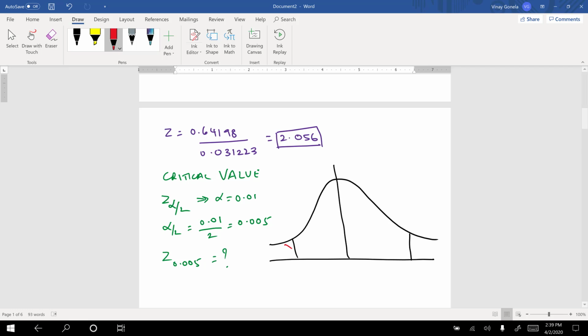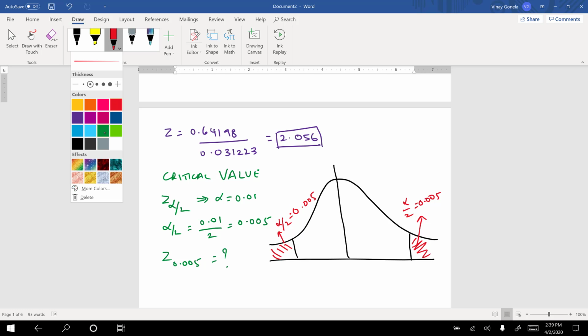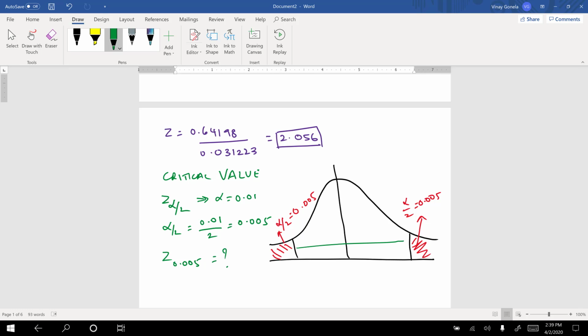This region will be alpha over 2, which is 0.005, and this region would also be alpha over 2, which is 0.005, and then this middle region would be 99%, 0.99.